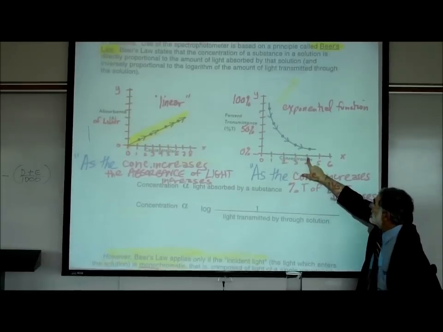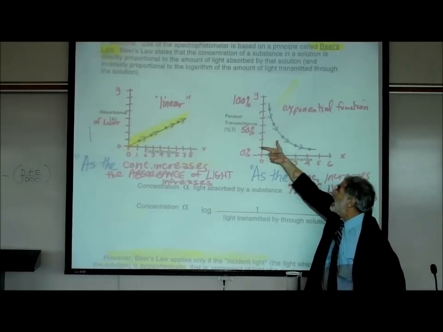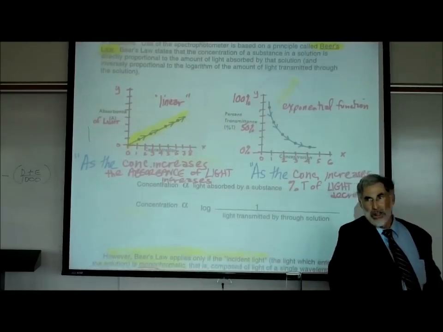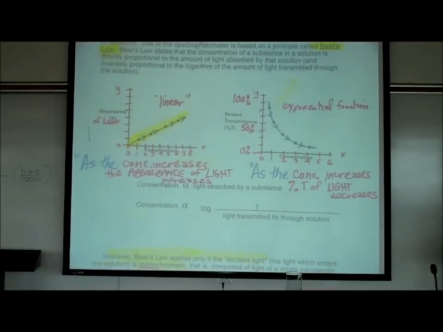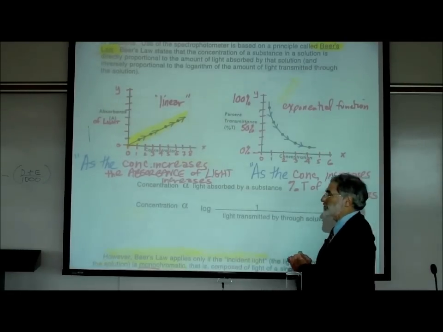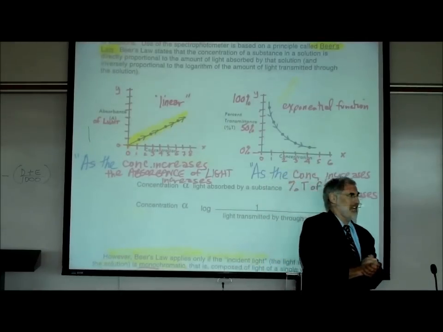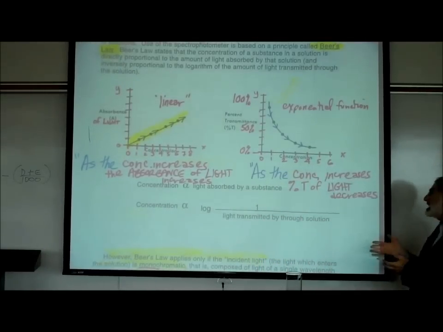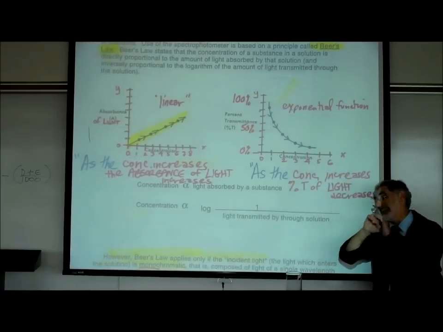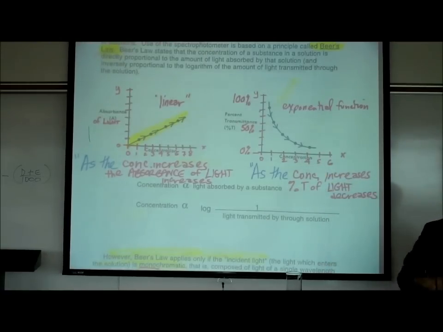As the concentration increases, we get a lower percent transmittance of light. That's exactly what we just said on our page 2. All right, so there is an inverse relationship between increasing concentration of sugar or cholesterol or potassium and the amount of light that goes through that solution.